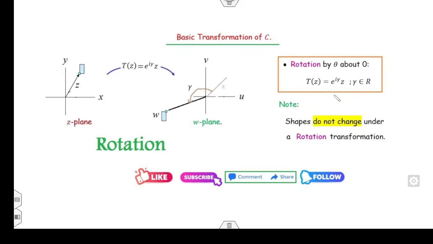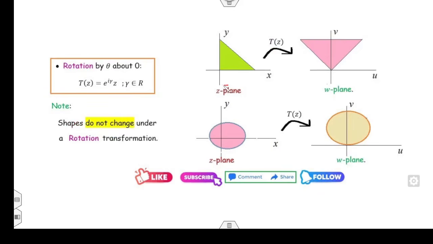Another most important thing is that whenever you are talking about the rotation transformation, the shape of the graph does not change. What is the meaning of that? If in the original z plane the shape is a triangle, then after the transformation in the w plane the shape is again a triangle, but it is rotated by some angle, say 45 degrees.